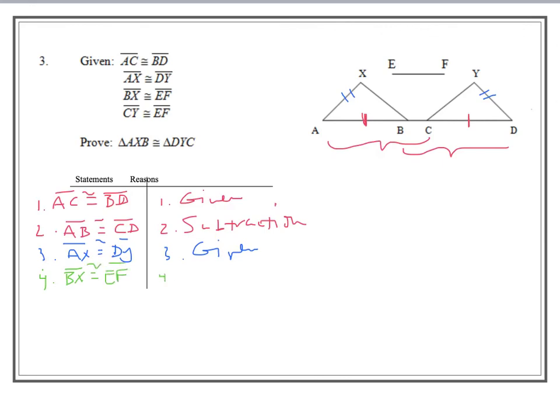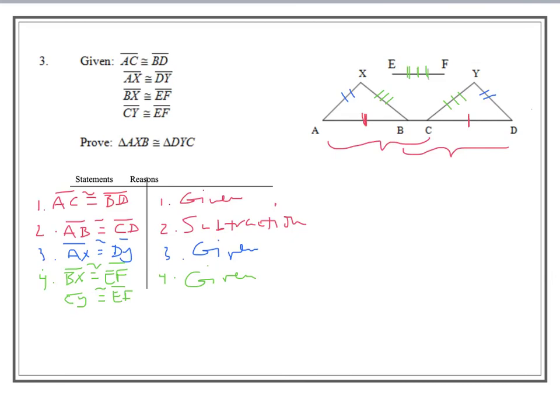What I want you to notice is that this BX is congruent to a line segment that's not part of either triangle. That's kind of an interesting scenario. Same thing with the last piece of given information. CY is congruent to segment EF as well. So CY is also congruent to EF.